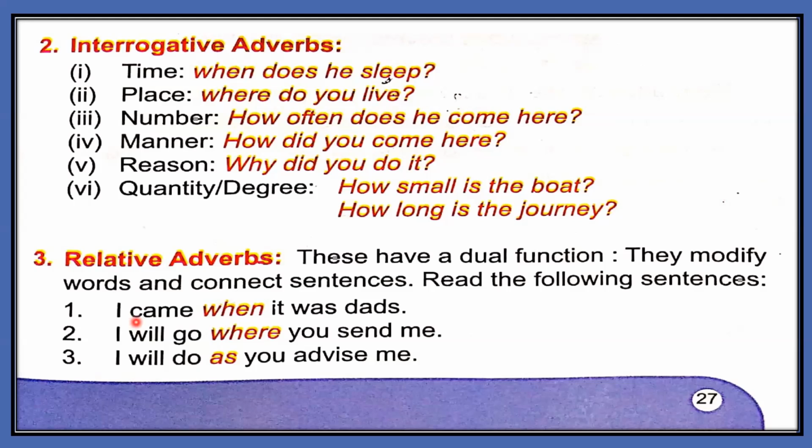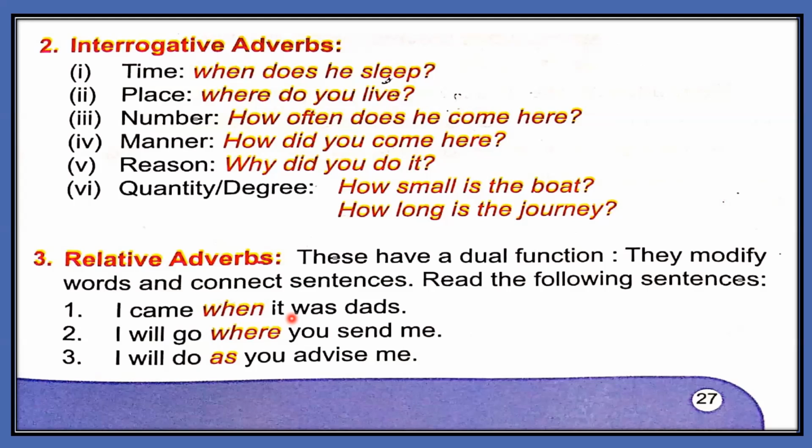Number one sentence, I came, and number two, it was dates. Both sentences are connected with the relative adverb when. I came when it was dates. Number two, I will go where you send me. So now where, when, as, these three are the relative adverbs and they have two functions. Number one, to modify, and number two, to connect the sentences.